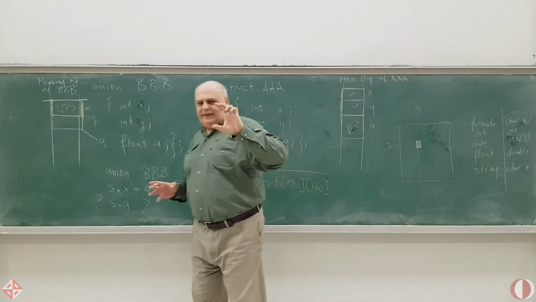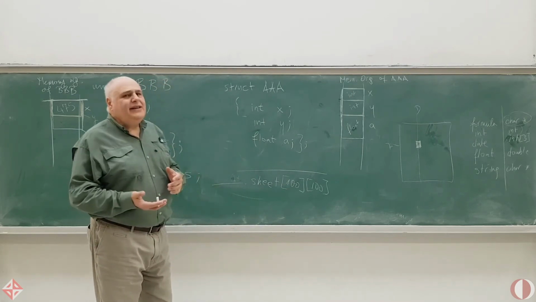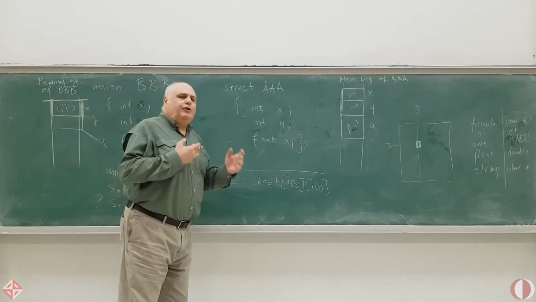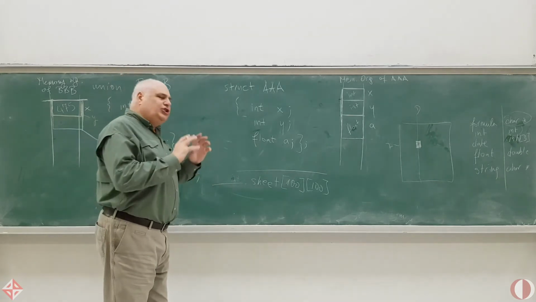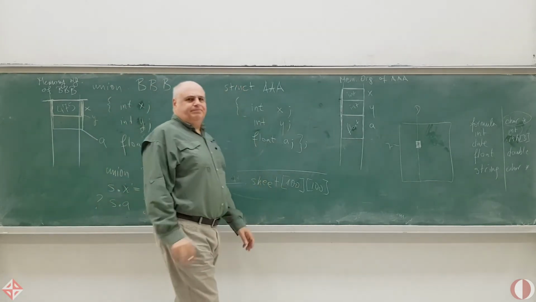But you have always that amount of place, and then you use pointer arithmetic to change the way you access that field.